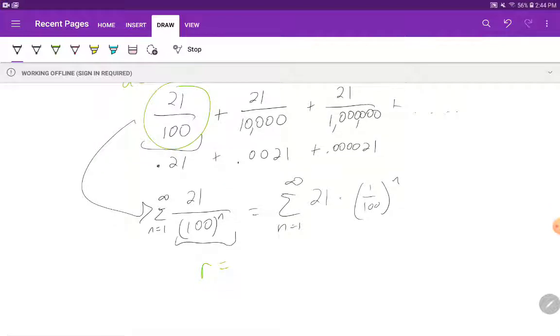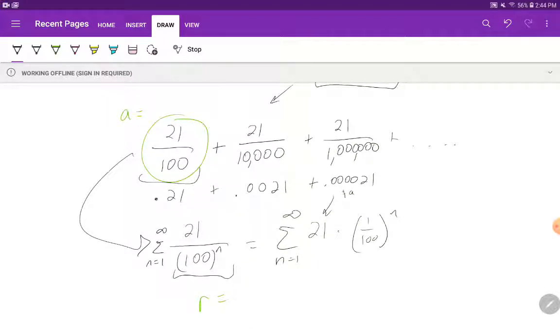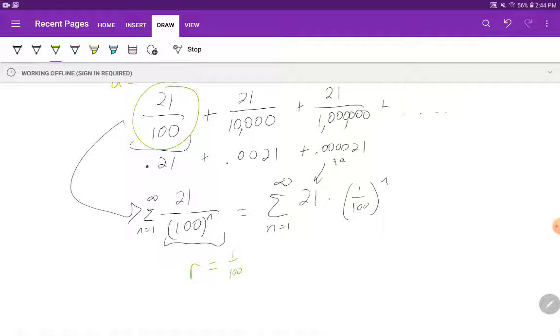Just like that previous example, this is not equal to A. A is the first term of the series. So R is 1 over 100, and I can now turn this into a fraction using A over 1 minus R. So A is 21 over 100, over 1 minus 1 over 100.